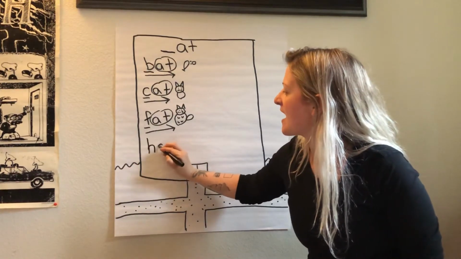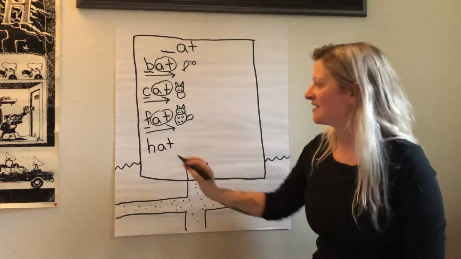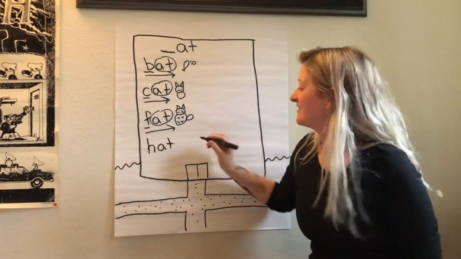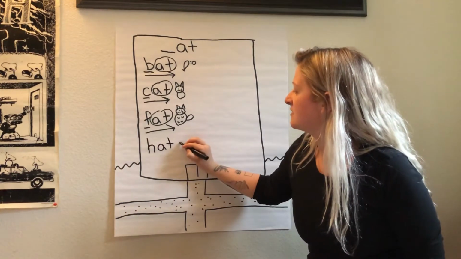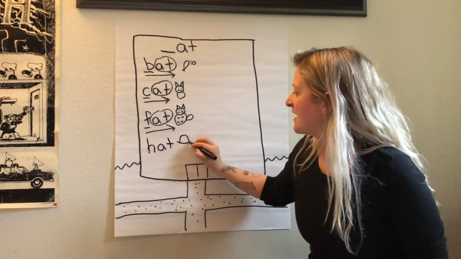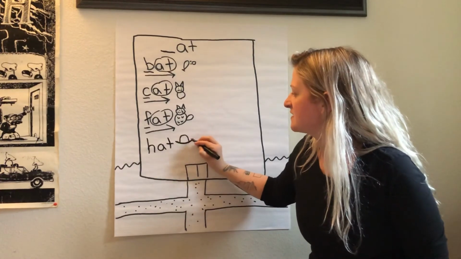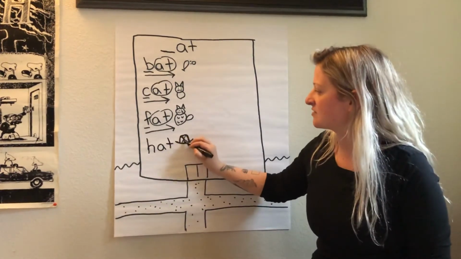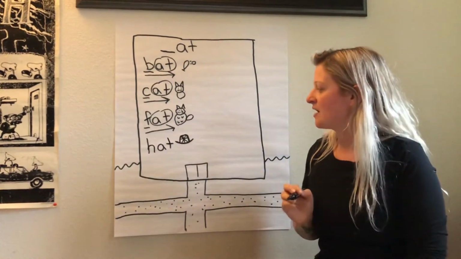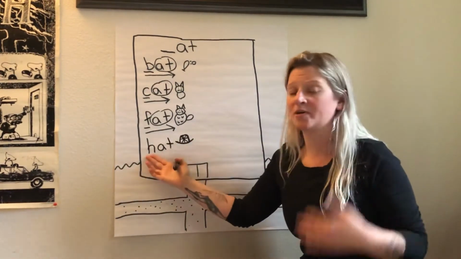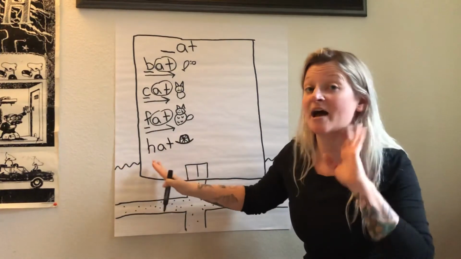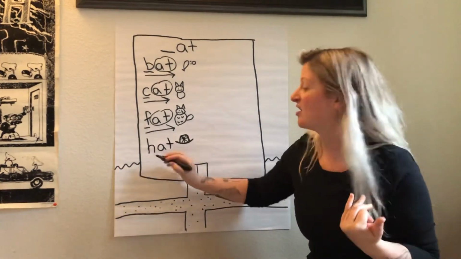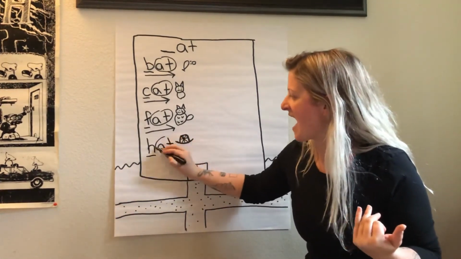H. At. Hat. You did it. So here's a hat. Remember in the summer, Miss Bush wears a sun hat to protect her eyes and her face from getting sunburnt. Here's my hat, and it's kind of this crisscross material here. The first letter we used for the word hat was, that's right, H. H. At.